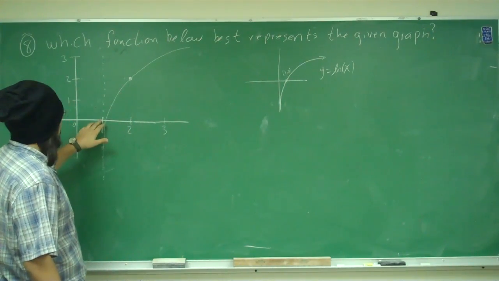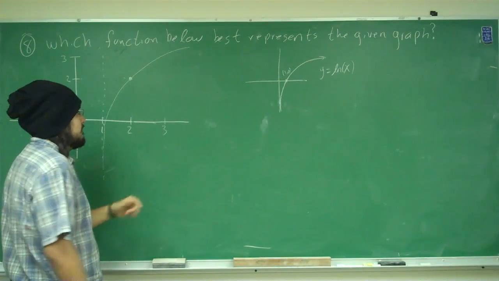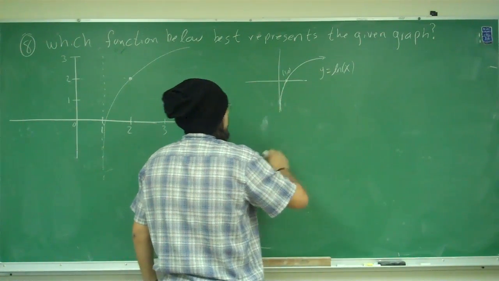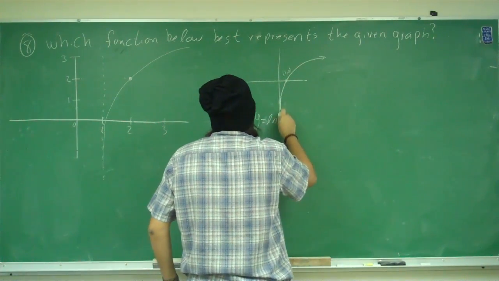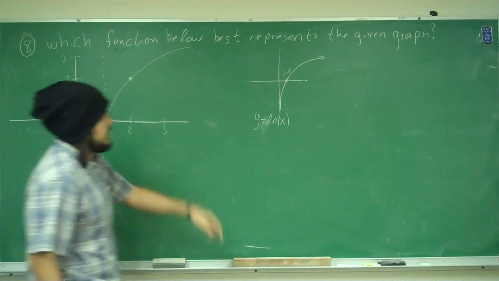So in order to represent a horizontal shift to the right, well, what happens? So this is y equals ln of x. I want to first shift this 2 units to the right.